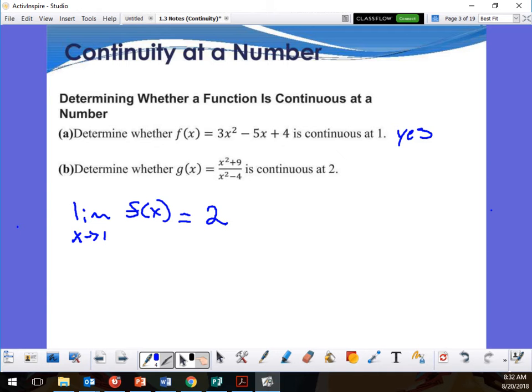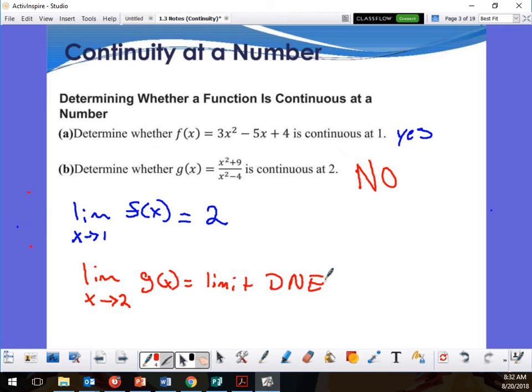Okay, so let's look at this right here. So for B, I don't know why I always use blue, but still. B says the limit as x approaches 2 of g of x, this one, does not exist.